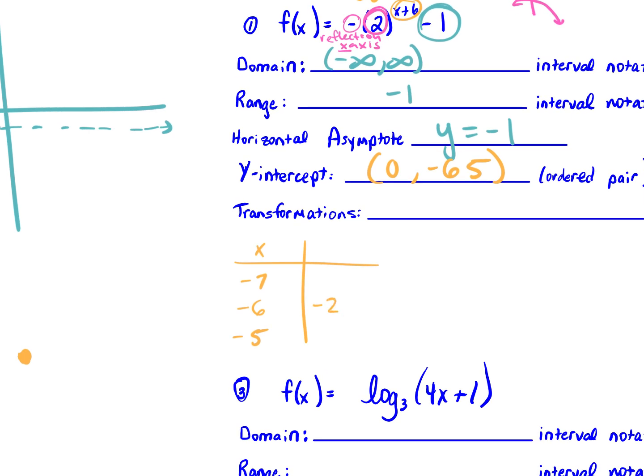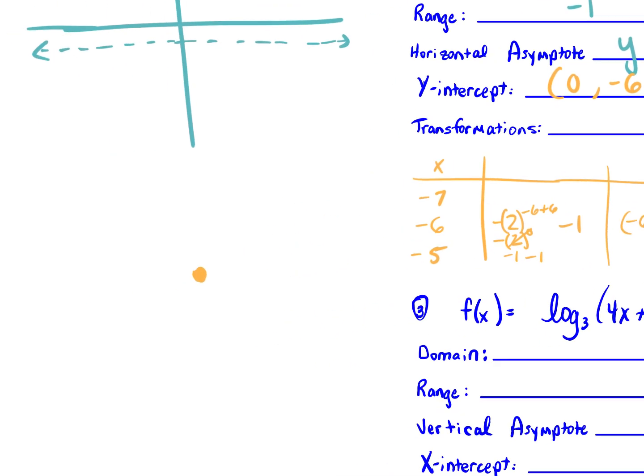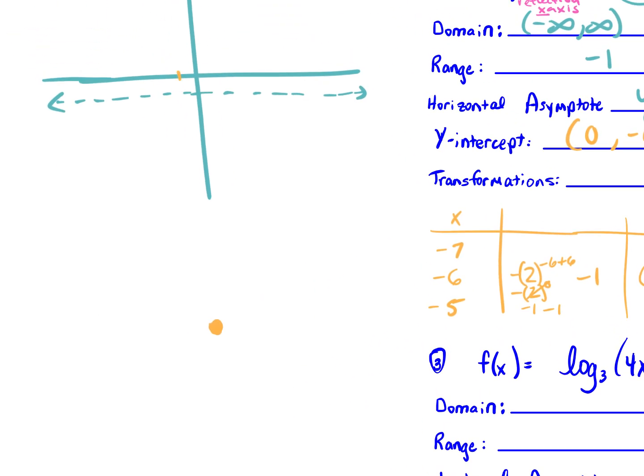Negative 2 to the power of negative 6 plus 6 minus 1 would be negative 2 to the power of 0. What's 2 to the power of 0? 1. So negative 1 minus 1? Negative 2. So negative 6 comma negative 2 would be our first point. So we're going to go to the left to negative 6 and down 2.